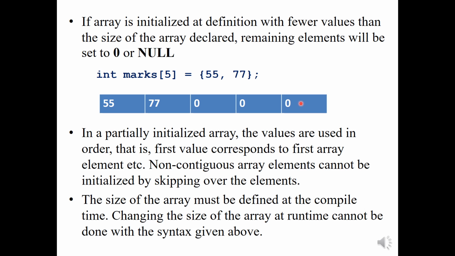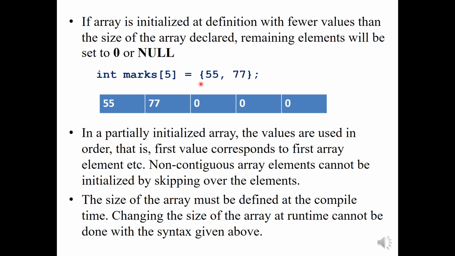So the rule is, if you are partially initializing an array, the values are used in order: the first value corresponds to the first array element, the second value corresponds to the second element, and so on. Non-contiguous array elements cannot be initialized by skipping over elements.